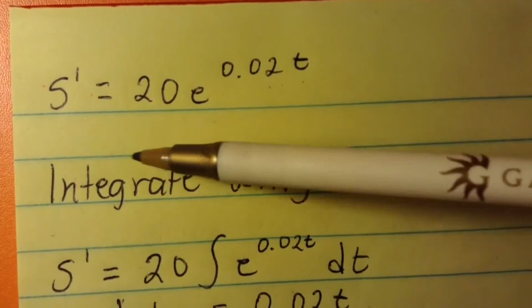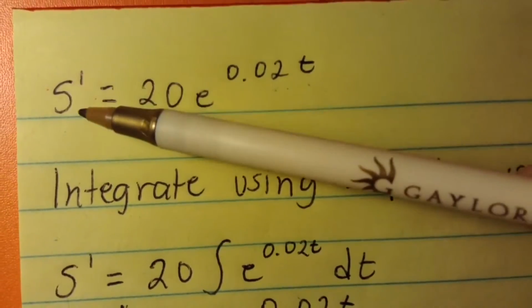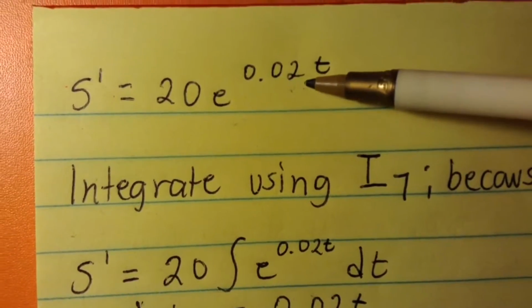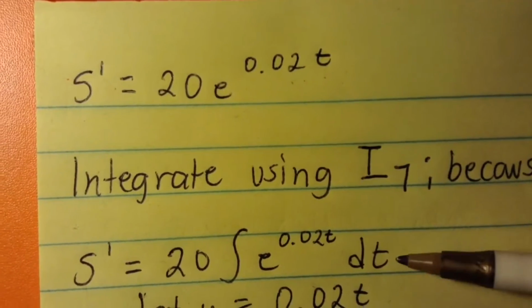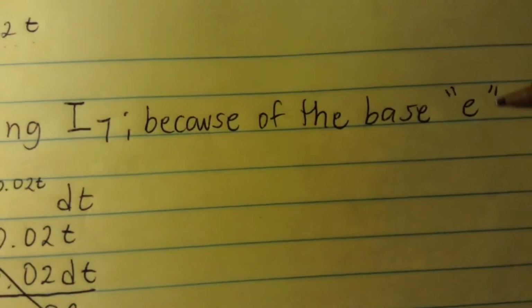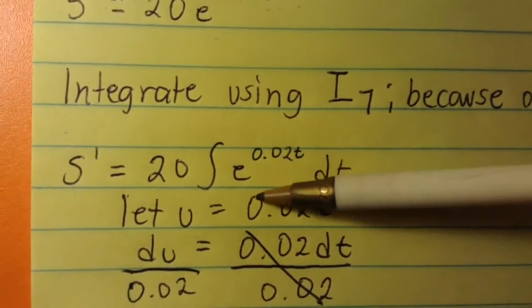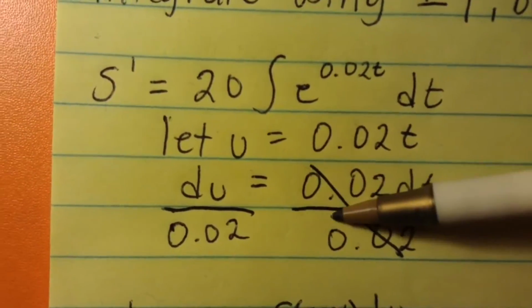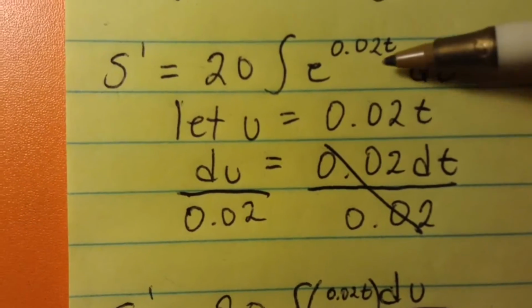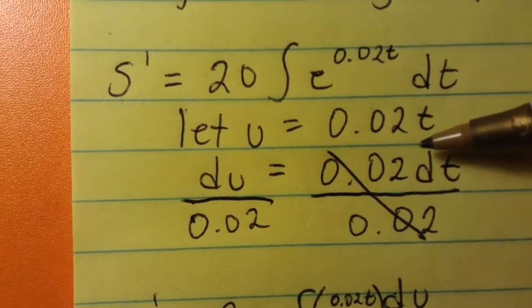First step is we write our equation, which is S prime is equal to 20e raised to 0.02 t. We integrate using I7 because of the base e. Now, 20 is a constant, therefore we can bring it out and only integrate e raised to 0.02 t.